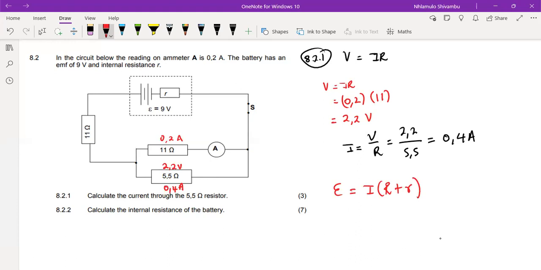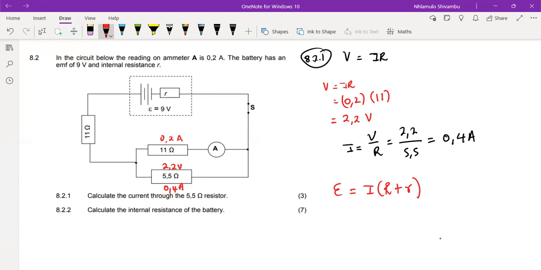This is the EMF formula, right? In this formula, we need to know the total current of the circuit, and also the total resistance of the circuit, which is the total external resistance. This is the resistance of everything that is outside the battery.